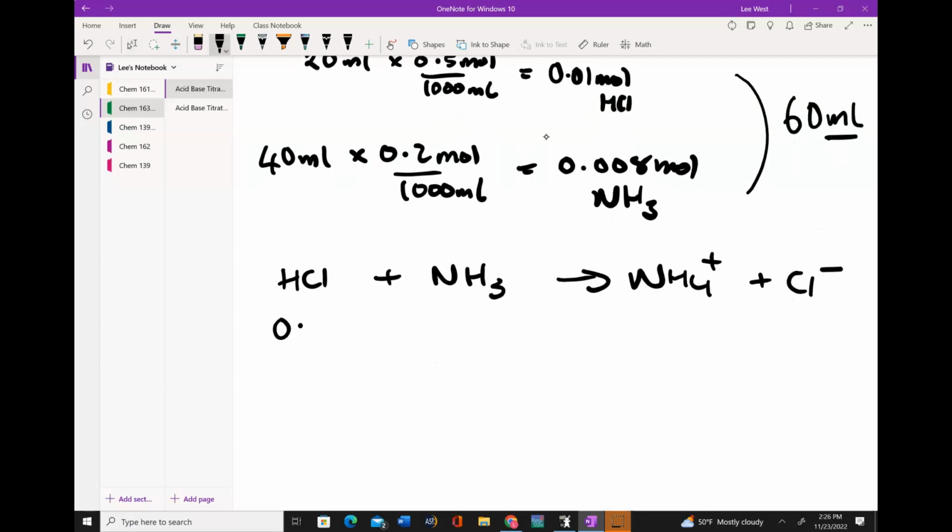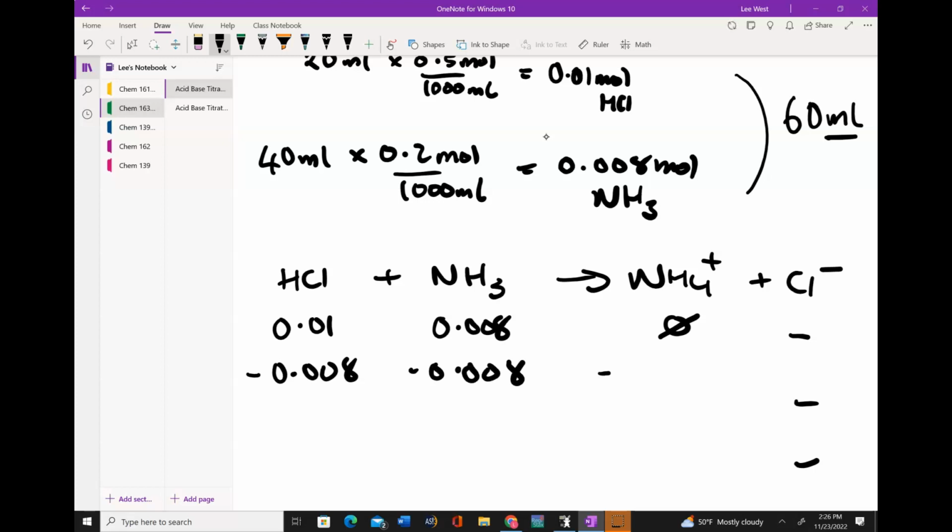And I had 0.01 of that, 0.008 of that, none of that, and none of that to begin with. Now the chloride is irrelevant, it doesn't affect the pH because it's derived from the strong acid HCl. So this is not going to be the limiting reactant. The ammonia will be the limiting reactant in this case.